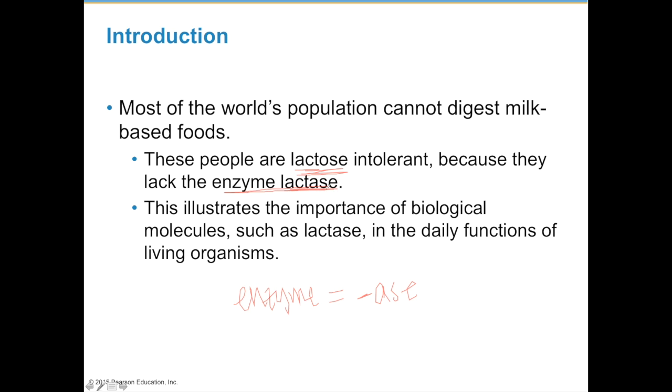So lactase breaks down lactose. With that being said, sugar is going to have the ending -ose, O-S-E. I don't know why that O looks funny, but that is an O. All right, so that's the introduction here.